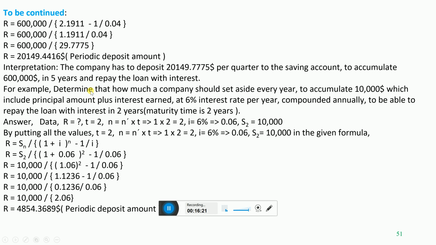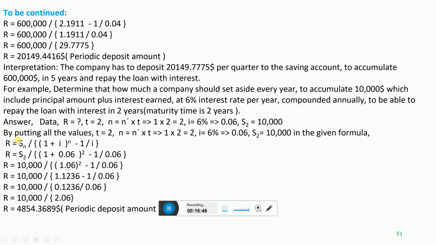So now I'm collecting the answer. Data is this: periodic deposit R we have to find out, number of years is 2, investment for 2 years, the total number of compounding periods is 2, the bank will pay interest twice, interest is 6%, and the future value of the loan that the company has to pay is $10,000.